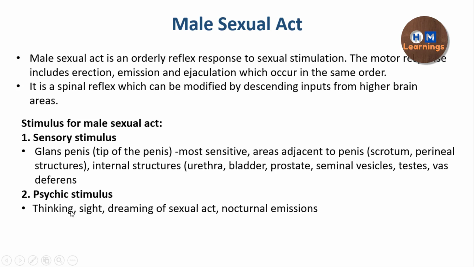And psychic stimulation, like thinking, sight, dreaming, even imagination, can lead to the male sexual act. As well, nocturnal emissions, which happen in rapid eye movement sleep, are also stimulated by psychic stimulation.